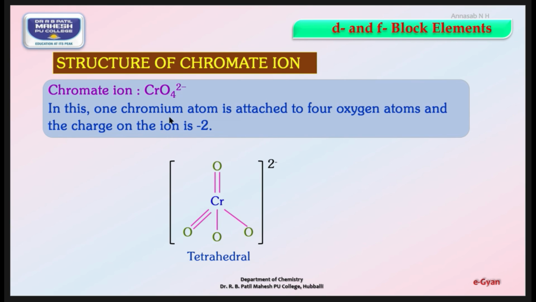In this, one chromium atom is attached with 4 oxygen atoms, and the charge on the ion is 2-, because 2 oxygen atoms have not satisfied their valencies. Oxygen is neutral if it has 2 bonds like this. So as these two have single bonds, minus charges must be there on the oxygen atoms. Overall charge on the molecule is 2-.